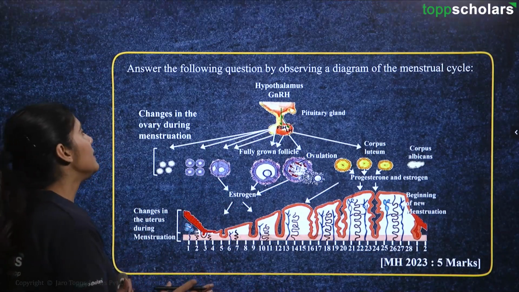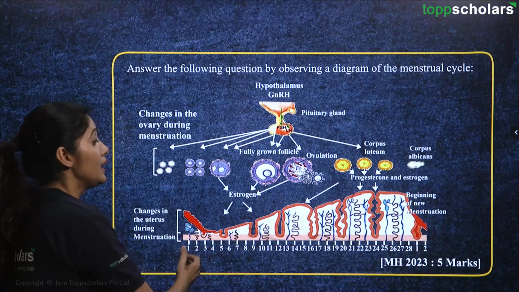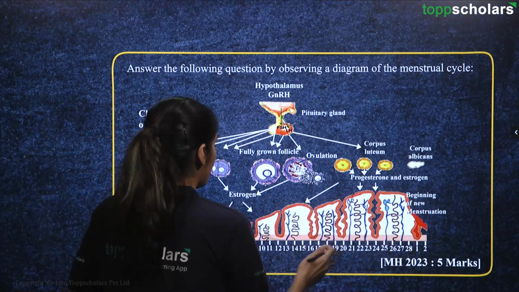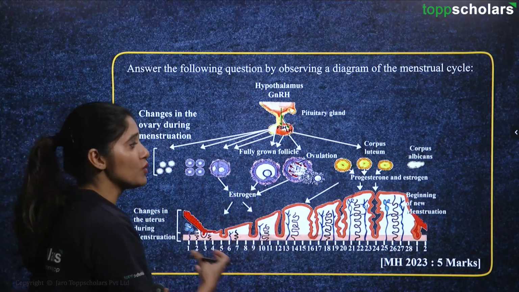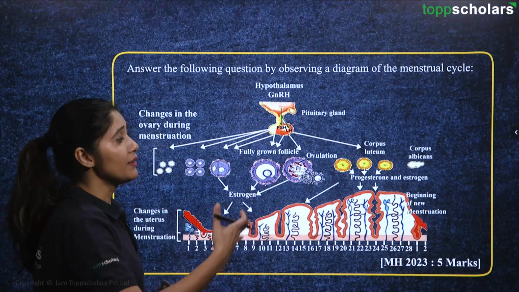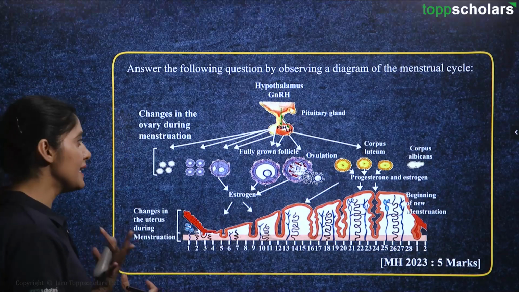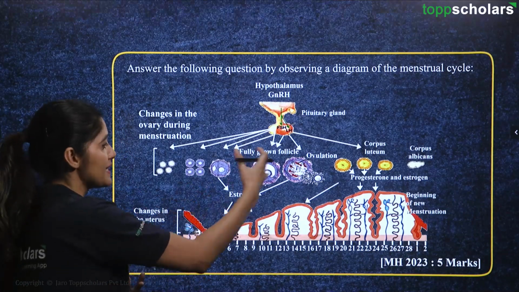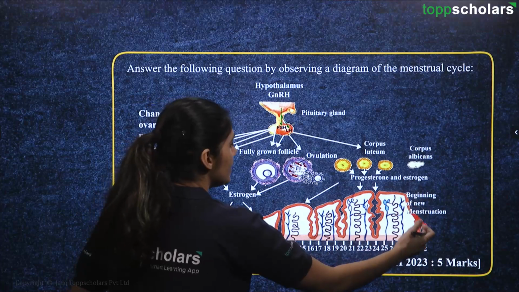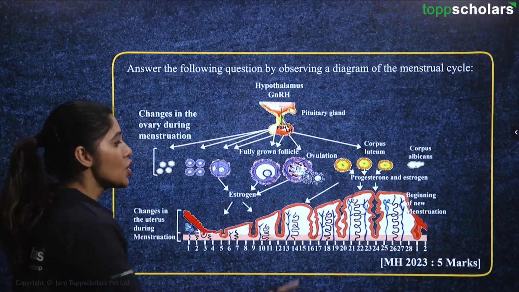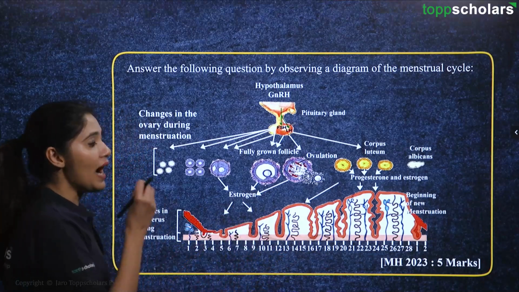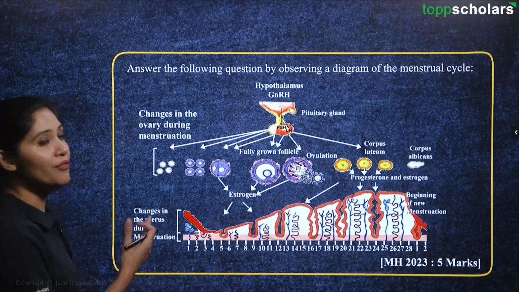There are different periods wherein different changes take place. Different hormones are released, different changes occur, and different phases occur, and here we have the end of the cycle. Now we will have to answer the questions in the following slide.